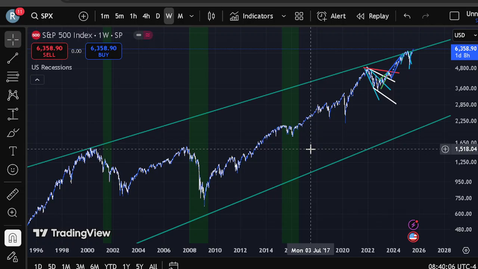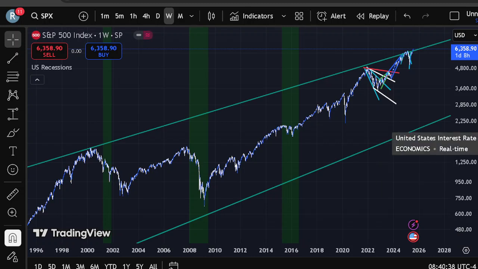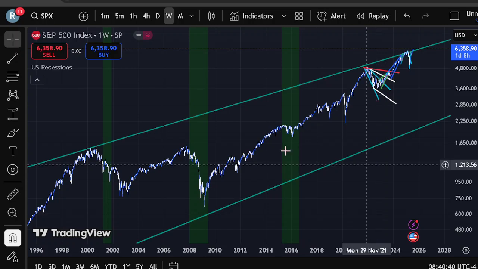So what can cause a recession, which later will affect the S&P 500 as well? Of course, unemployment rate and the interest rate as well.